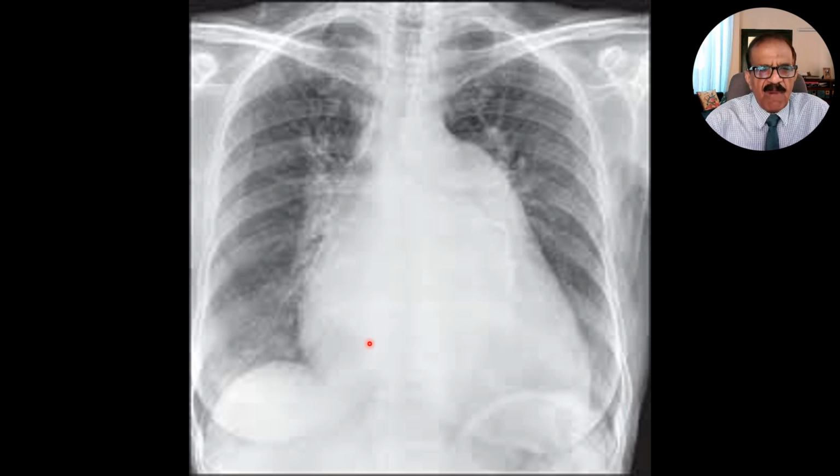Why do we see mitralization? Because this kind of morphological abnormality we see typically in mitral stenosis or mitral regurgitation. In mitral stenosis or mitral regurgitation, you have enlargement of pulmonary artery and left atrium. They cause this convexity, and there is also enlargement of right ventricle and right atrium.